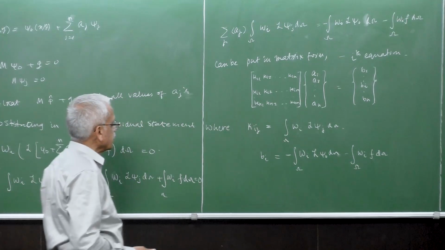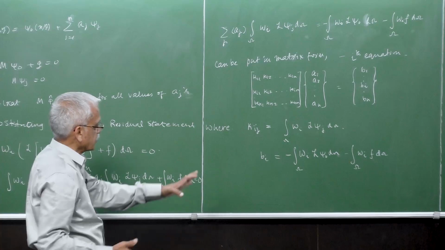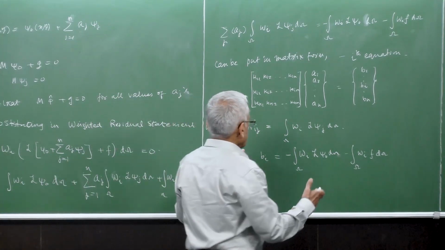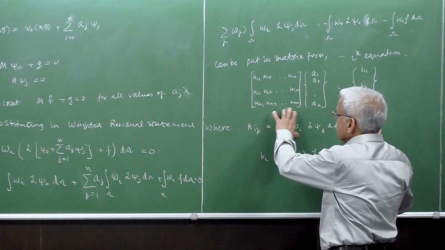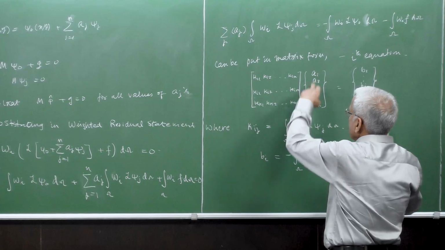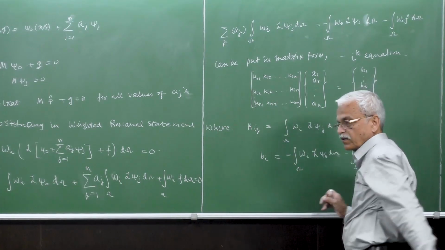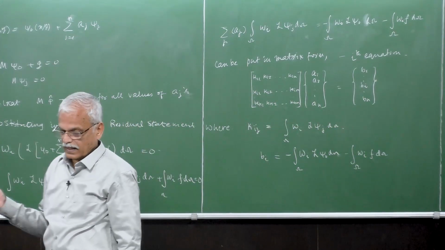Okay, so this is in a nutshell. So now there are so many equations. So finally, this will turn out to be this. Once you formulate this matrix K, then these are the undetermined coefficients, and this is the known vector. So you can do the matrix manipulations and then get the solution for A, right?